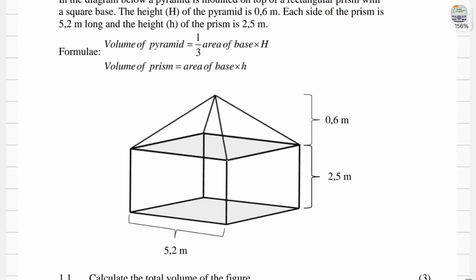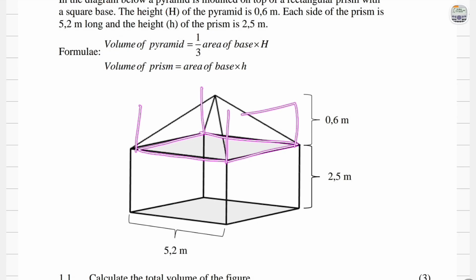Okay, that makes sense. So for the volume of the pyramid, you take the area of the base first and then you multiply it by the height, and that would give you not really the volume of the pyramid yet, okay? But then when you say times 1 over 3, it's going to give you the volume of the pyramid. Because naturally, if you say the area of the base times the height, what you're actually calculating is the volume of this prism, okay?